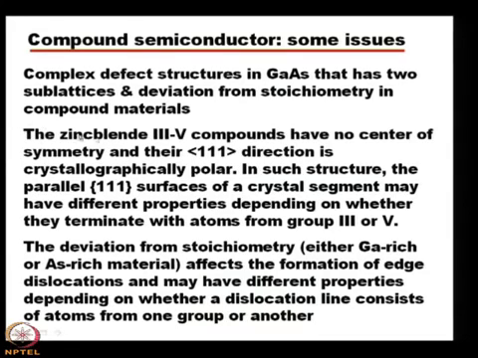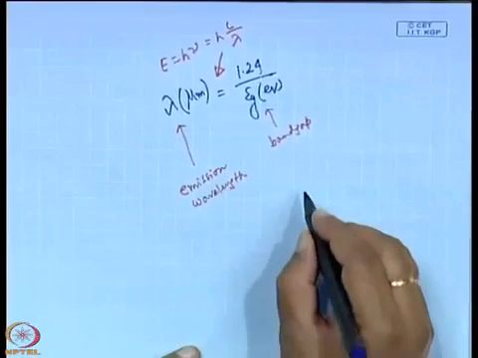Another issue is that the zinc blende III-V compounds have no center of symmetry, as we know, and their 1-1-1 direction is crystallographically polar. In such structures, the parallel 1-1-1 surfaces of a crystal segment may have different properties depending on whether they terminate with atoms from group III or group V. Let me give an example to drive this point.